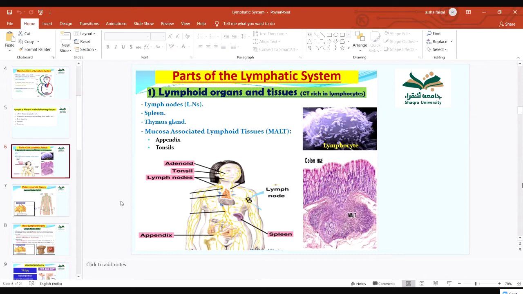But in some cases, like in the GIT, the lung, and the larynx, they are not so organized, so here they are called diffuse mucosa associated lymphoid tissue. So MALT is again of two categories, the O-MALT and the D-MALT. The tonsils are organized, while in the appendix, they are diffuse.